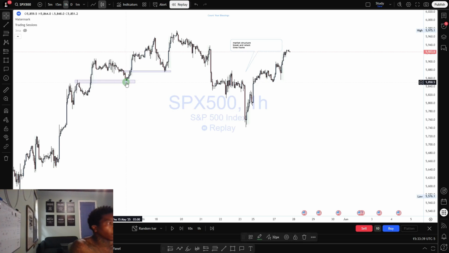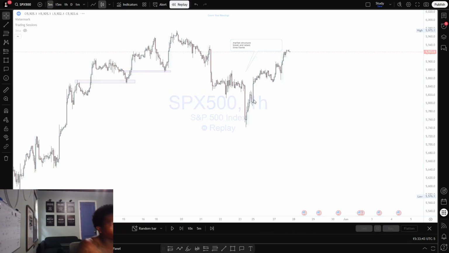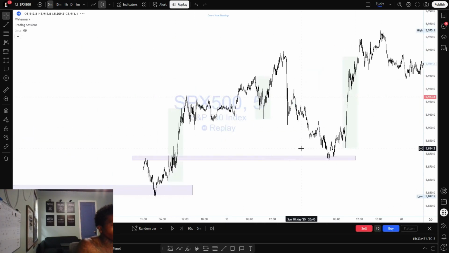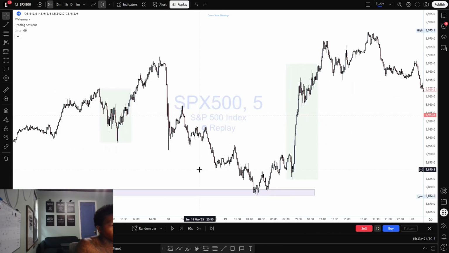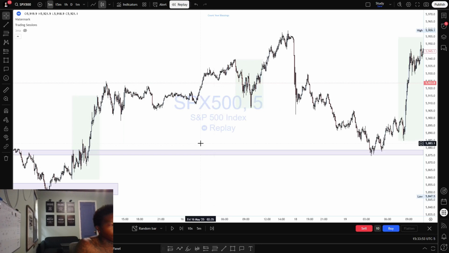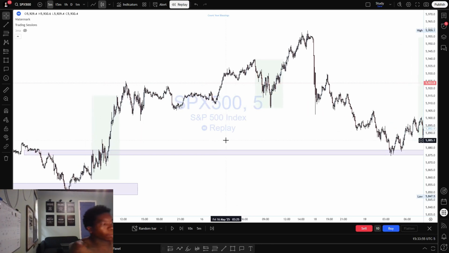Actually, I don't think I've seen that on the lower time frame, but let's see. So at this time, price came back and retested that. Let's look to our left and just see what type of price action was going on here.